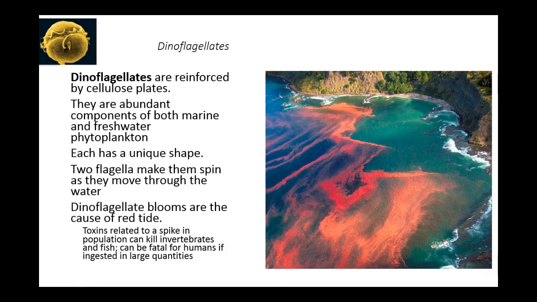They cause these blooms called red tide. They also give off a toxin that can kill fish and other invertebrates, and can be harmful to humans also. Those are dinoflagellates.